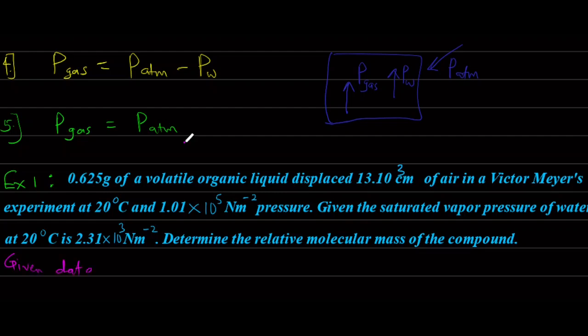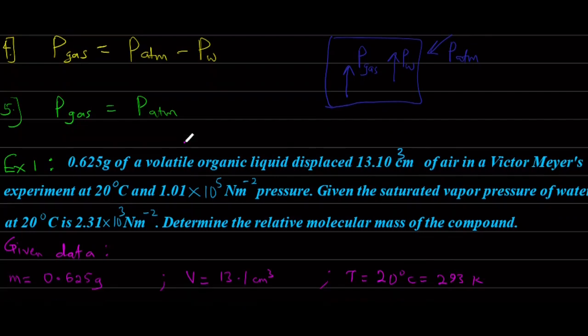We are to write the parameters involved in this question. Given data: 0.625 gram, that is the mass. The mass of the volatile organic liquid is 0.625 gram. We are also given the volume of air that was displaced as 13.1 centimeter cube. The temperature here is given as 20 degrees Celsius. We convert it to Kelvin to be 293 Kelvin.